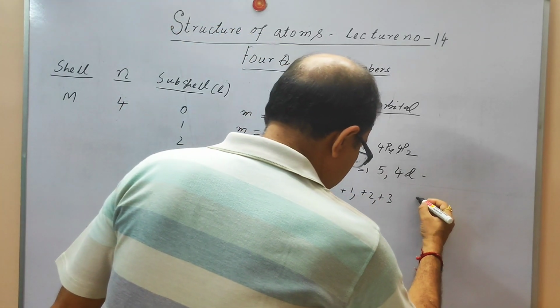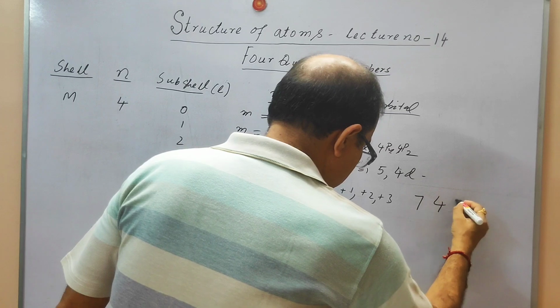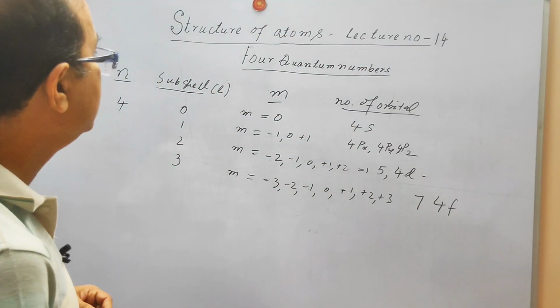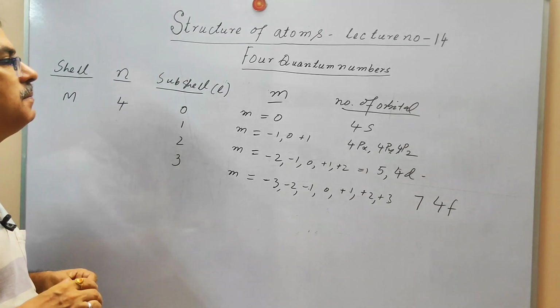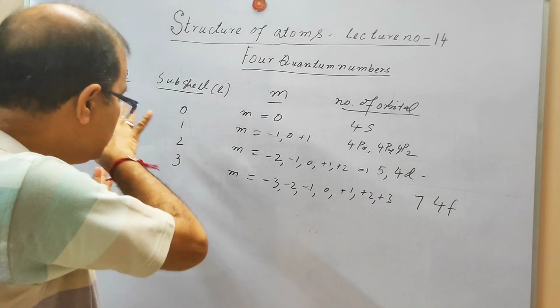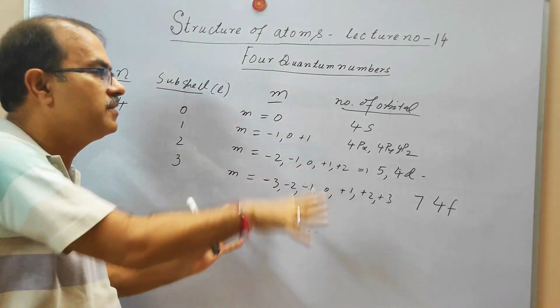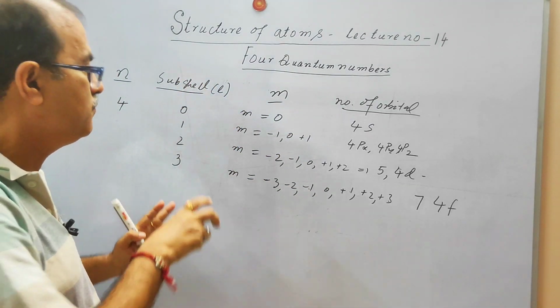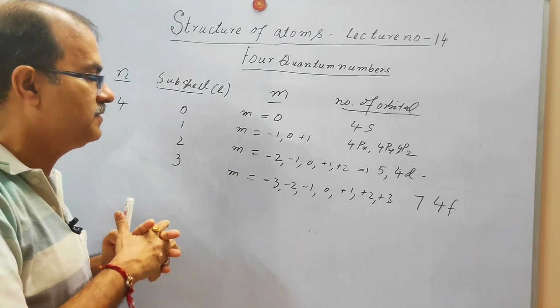So there are 7 orbitals, and these are called the 4f orbitals. So you can understand how the principal quantum number influences the azimuthal quantum number, and the azimuthal quantum number influences the number of orientations of the orbitals in a subshell.